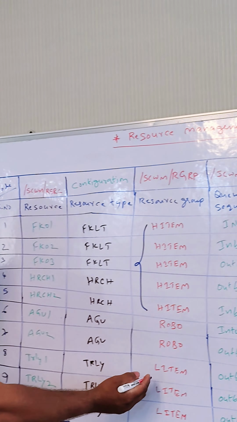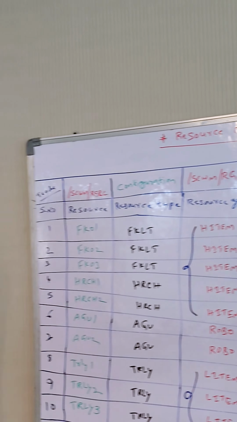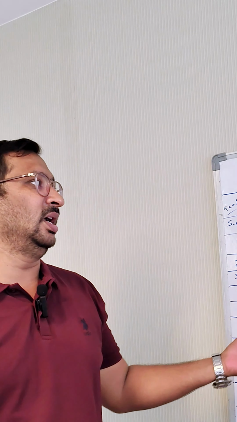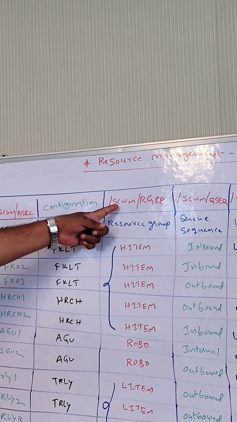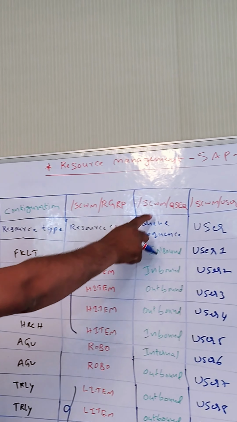So these are the low weight items. This is the master data, the resource group. Why? Because today I may use one resource under one resource group, but tomorrow I may use it in a different resource group. That's the reason it's master data. In T-code /N/SCWM/RGRP, we maintain this.